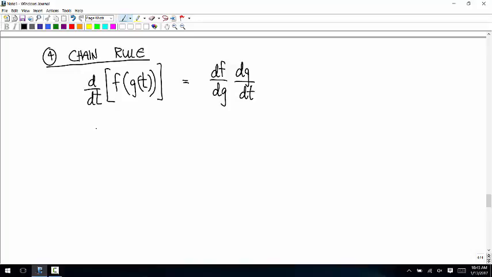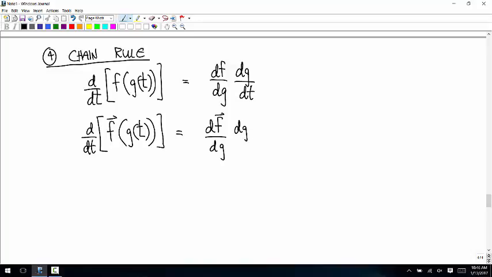And if that f is a vector, so now that function f has components, but all of those components depend on some function g of t, you just get the derivative of that vector f with respect to g times dg dt.